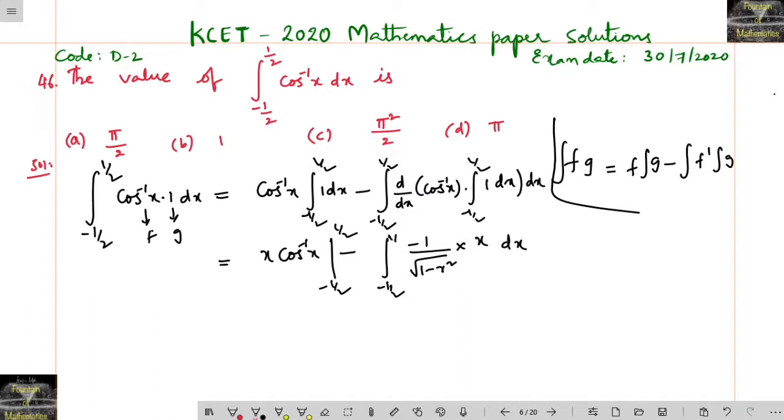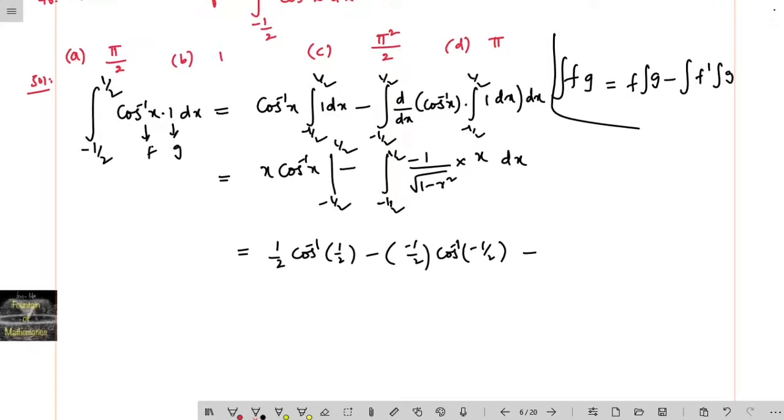Applying the limits, x cos inverse x gives 1 by 2 cos inverse of 1 by 2 minus of minus 1 by 2 cos inverse of minus 1 by 2, plus the integration from minus 1 upon 2 to plus 1 upon 2 of x divided by root of 1 minus x square dx.